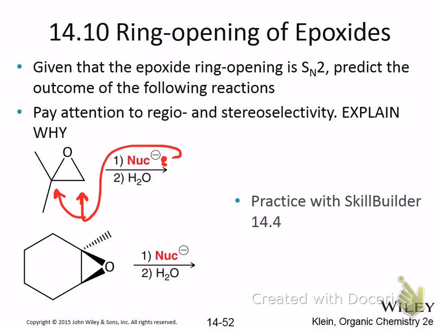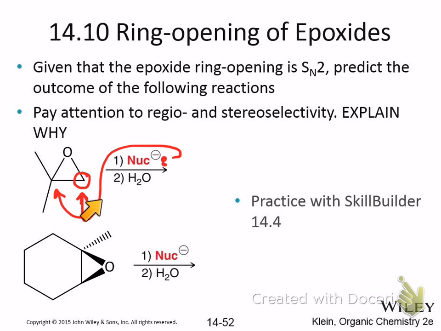Which side does it prefer to attack? What's that? Yeah, the one with the fewer substituents on it. It's this one. You can make the argument, and it makes perfectly good sense, and it's mostly true, that there's less steric hindrance. It's a nucleophilic attack. The less sterically hindered side gets attacked.